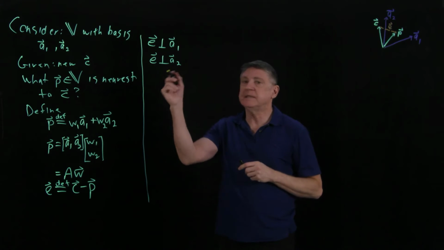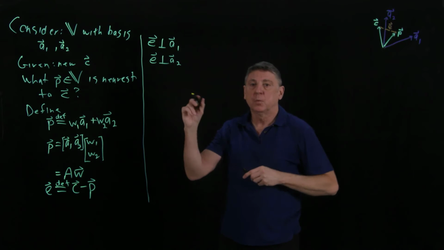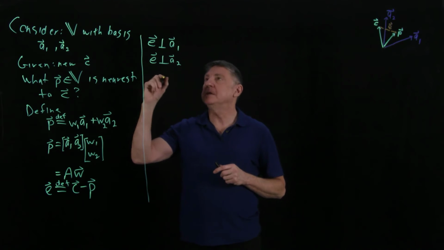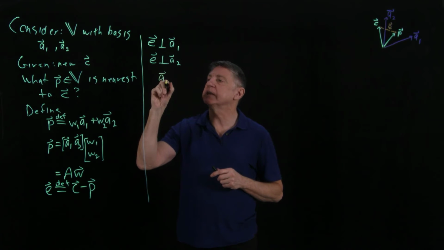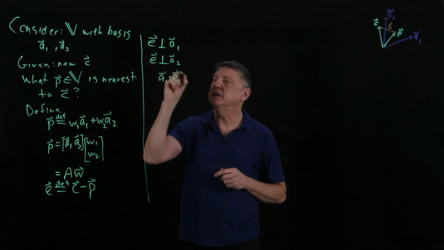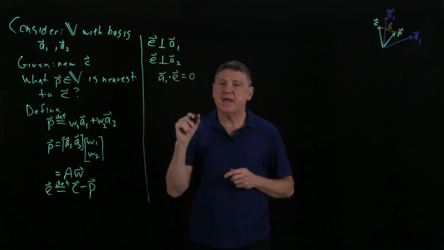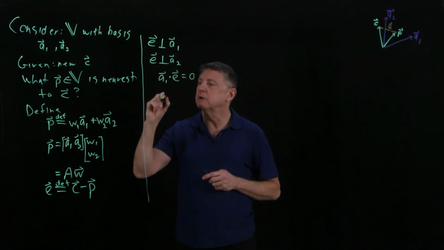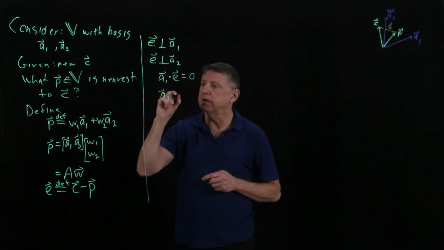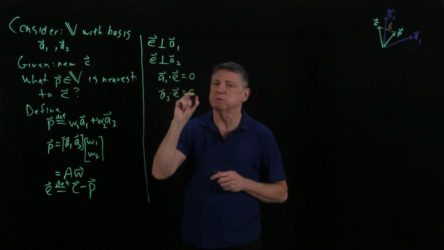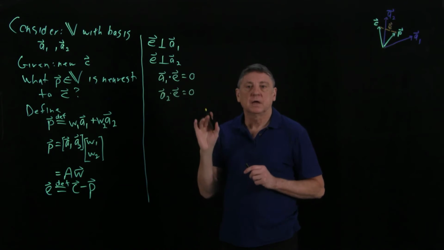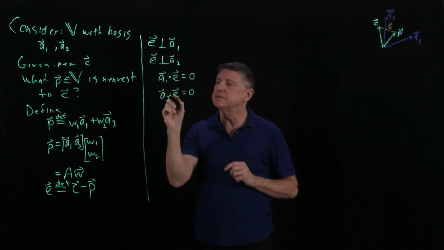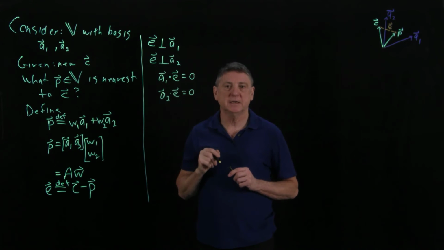So let's write these in linear algebra. As before, this is a pair of constraints. So we could write this as A1 dot E equals 0. And we could also write A2 dot E equals 0. Now, I see two equations and I see some commonality.